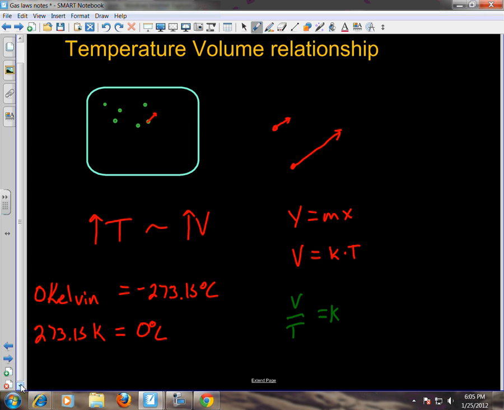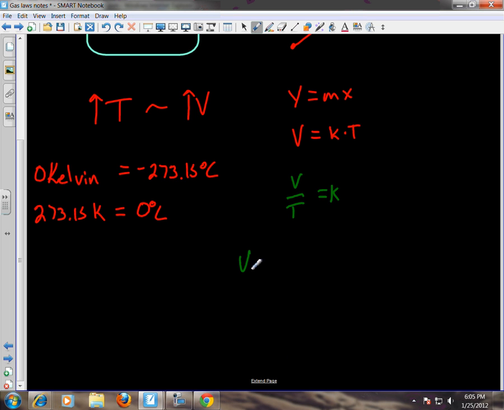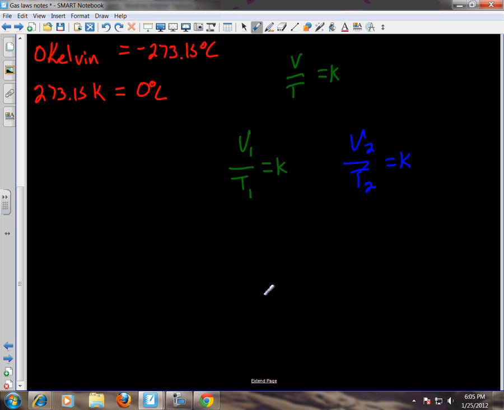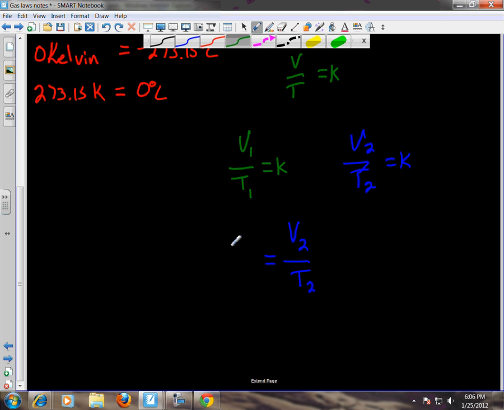Now, again, we have two situations. The first situation says, you know what? We have situation 1, V1 over T1 is equal to K. And we have situation 2, so we'll say V2 over T2 equals K. So if those are both equal to the same K, then I should be able to say that V2 over T2 is equal to V1 over T1.